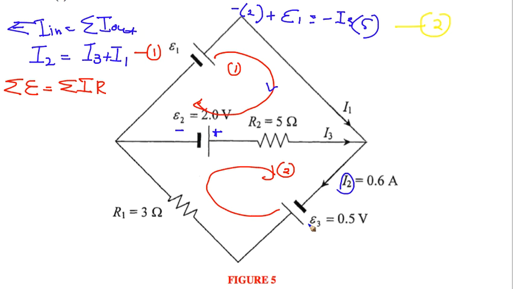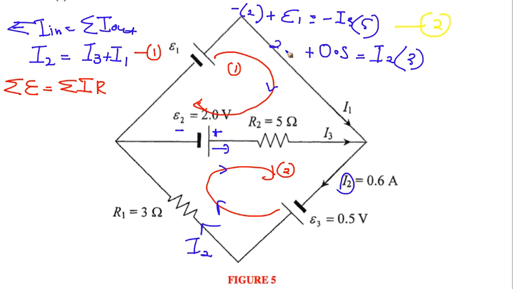The third equation comes from loop 2. Loop 2 starts from E3. E3 is 0.5 volt, and continue. The current flow here is I2. Because the direction of the loop and I2 are in the same direction, the drop voltage here is positive I2 times the resistor, 3 ohm. Continue, you have a battery here, so this is positive and this is negative, meaning the direction of the battery and the direction of the loop are the same, so positive.